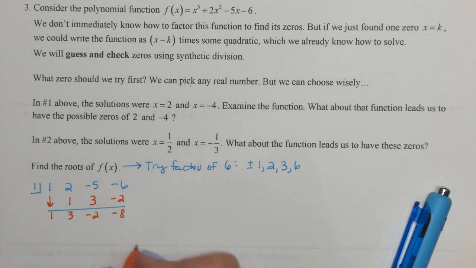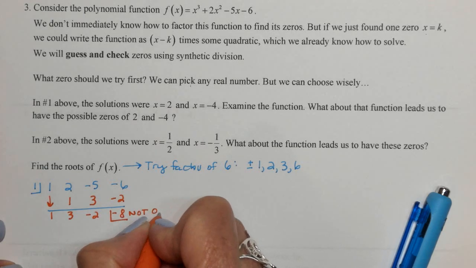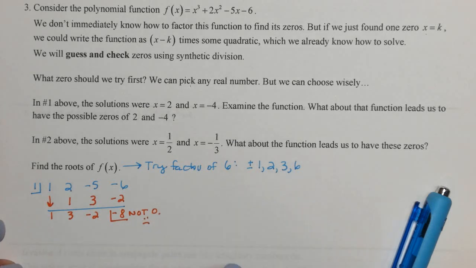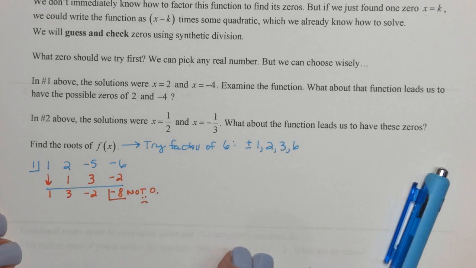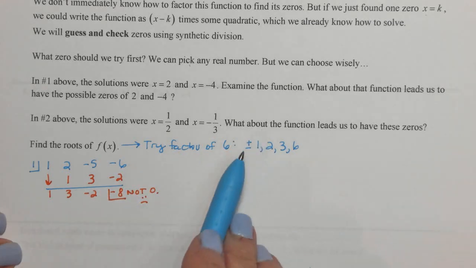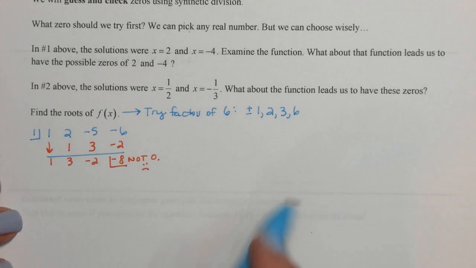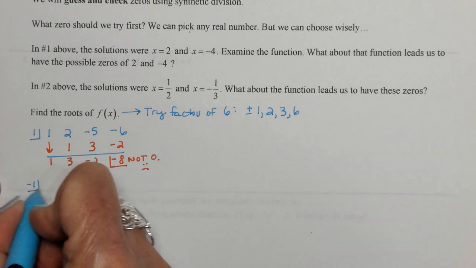And I do not get 0 for my remainder. Boo-hoo. We didn't get it on our first try. Okay? So if you get a non-zero number there, just try a different number. So go back to our list, scratch off positive 1. Let's try negative 1.